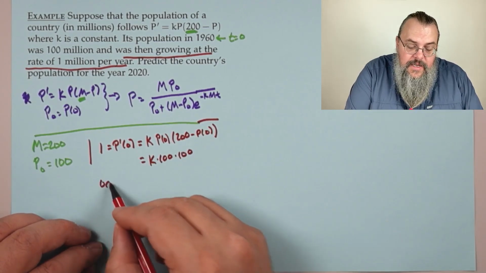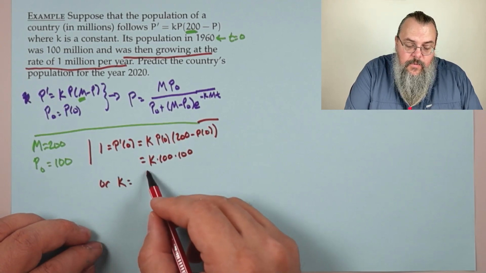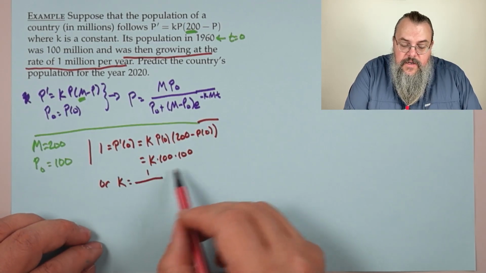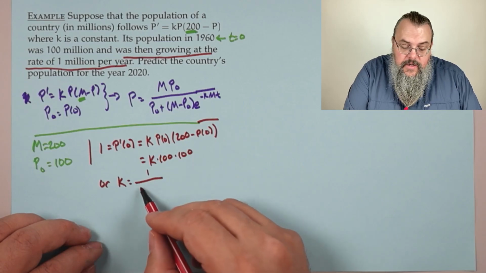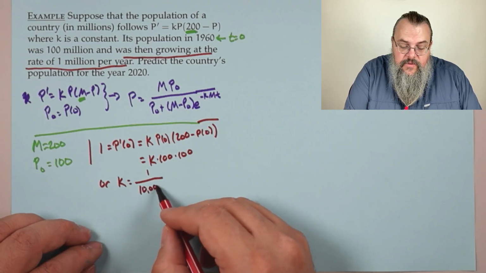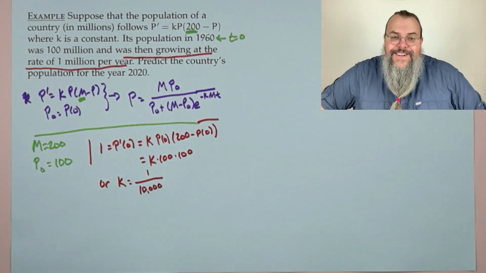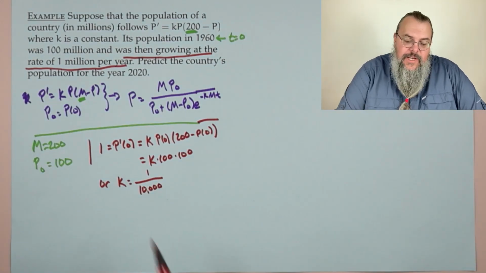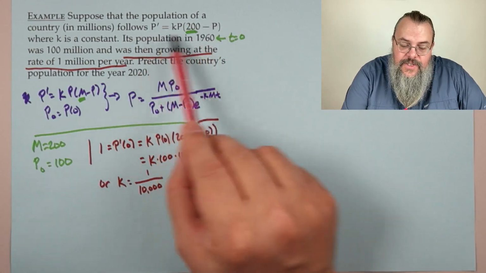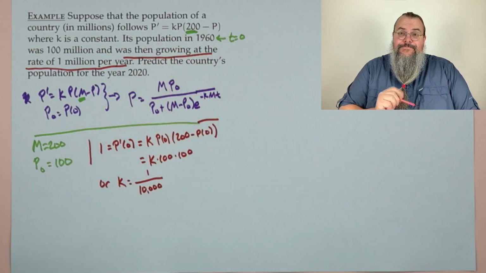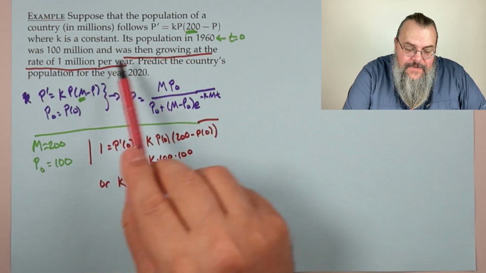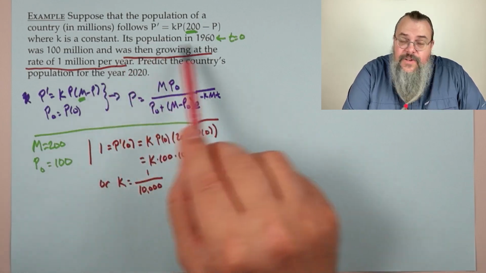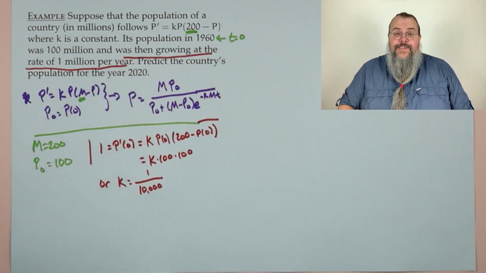Or what we get is that K is 1 over 100 squared, which is 10,000. There we go. All right, so that's K. So K is 1 over 10,000. So here we're using the differential equation to solve for K. All right, so if you're given information about a derivative, use the differential equation to help solve for constants.